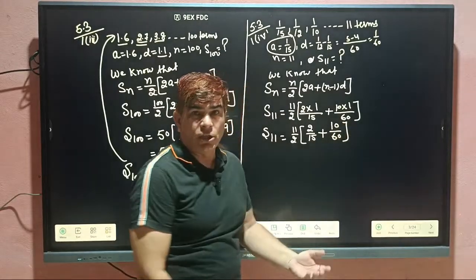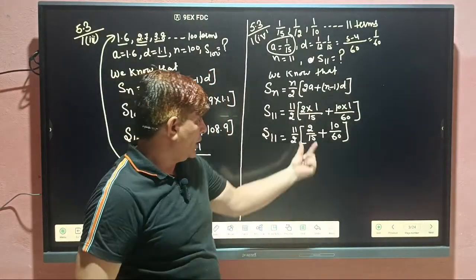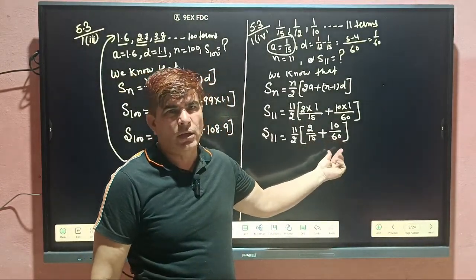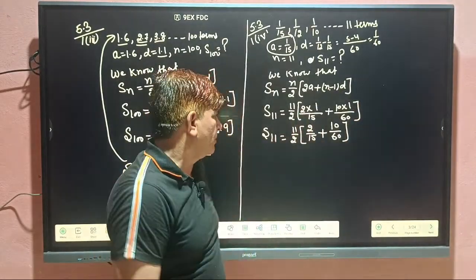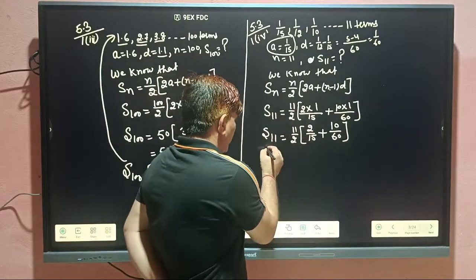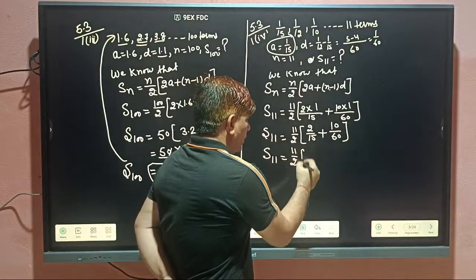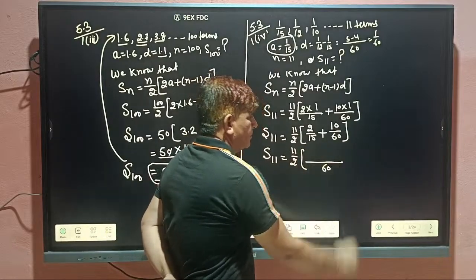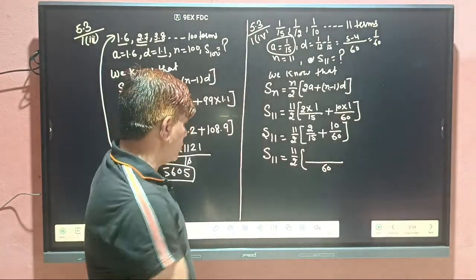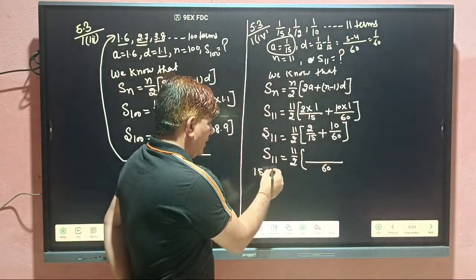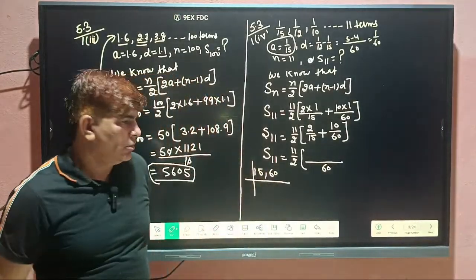You can say, sir, why not cancel the 0 with this 0? We can cancel it, but we need to take the LCM of these also. Then we have to take the LCM of 6 and 15. So the same comes. So S11 equal to 11 by 2. What's the LCM? 60. You know how to find the LCM? If you don't know, 15 and 60. Make its factors. Divisible by 2?